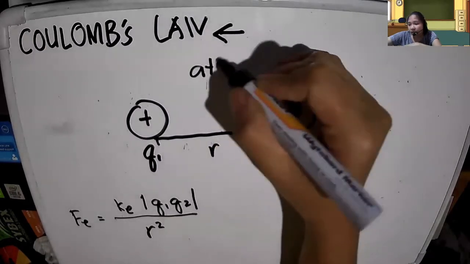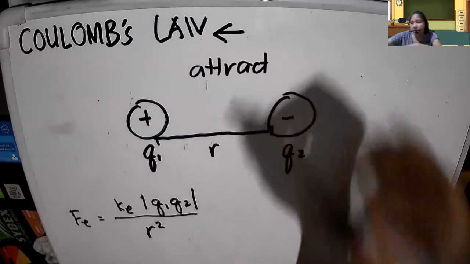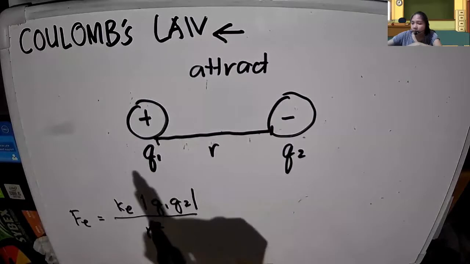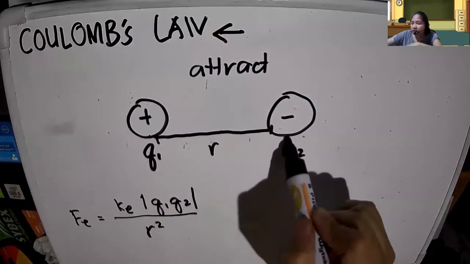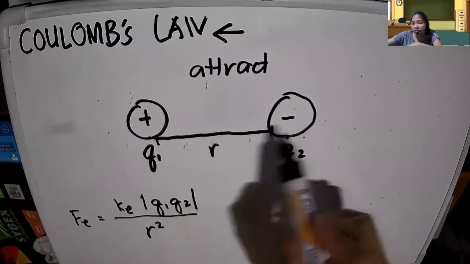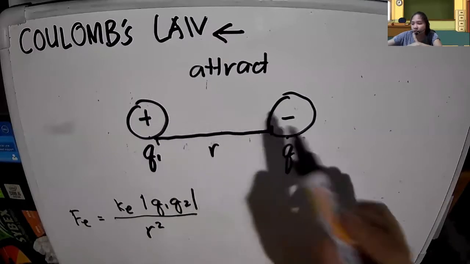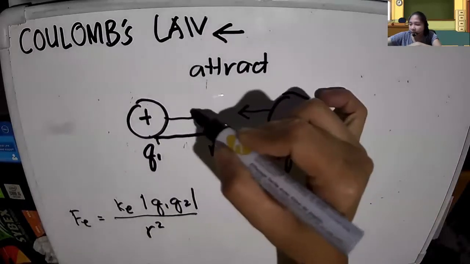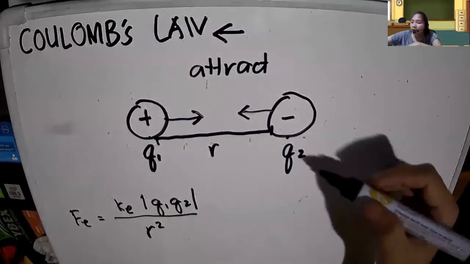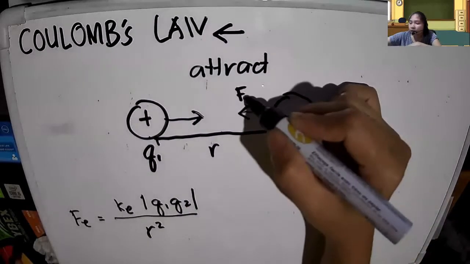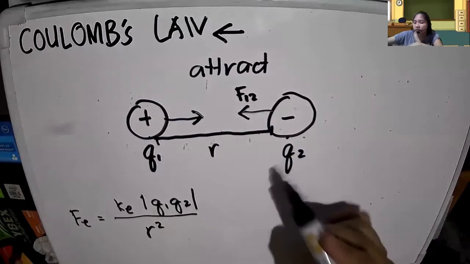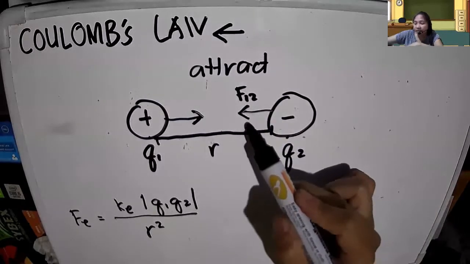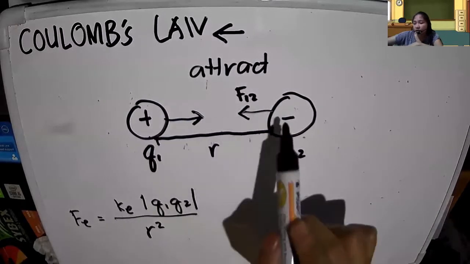So here we can say that they attract. The first particle and the second particle exert force towards each other. If we draw the free body diagram, this is the force 1 to 2, the force that is exerted by object 1 to object 2.